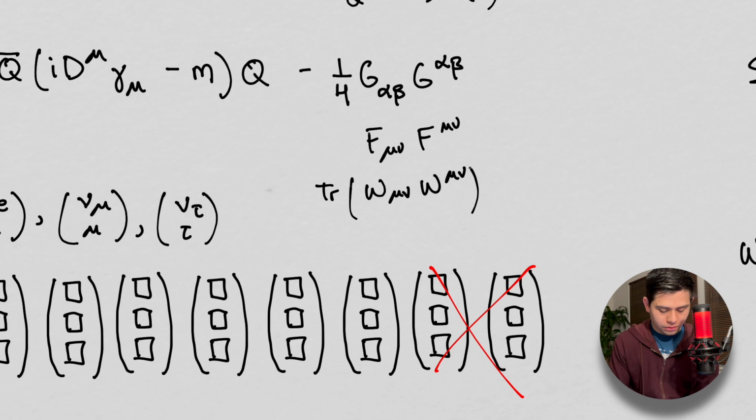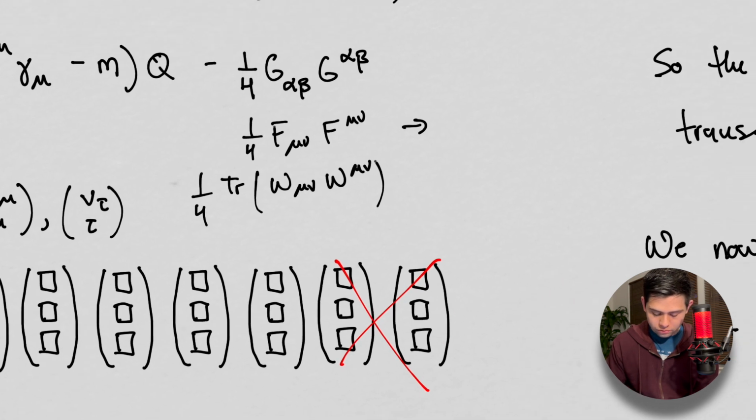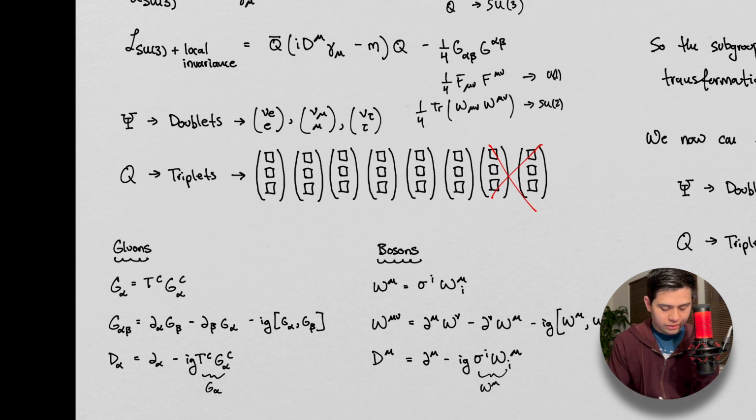Okay. All right, and so the things are pretty much the same. We had a 1/4, we had a 1/4. And I'll write these out. This was for the U1 case, and this was for the SU2 case. Okay. Anyways, that is sort of neither here nor there.